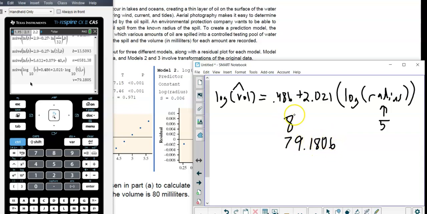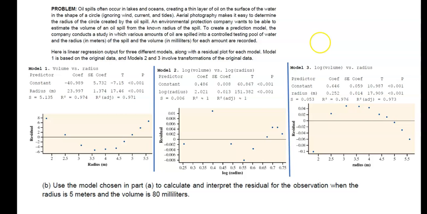So 80 was the original, or the actual, I should say. So you subtract those. I think you get 0.8194.